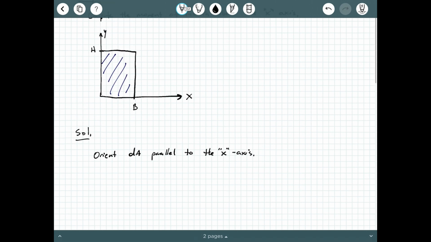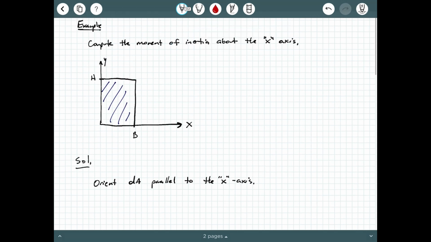When we do that, I'm going to draw on the original figure here, and look at a little dA slice right here. That dA slice is going to have a height of dy. That's not d sub y, that is a differential dy. And it's going to have a width of x right here.